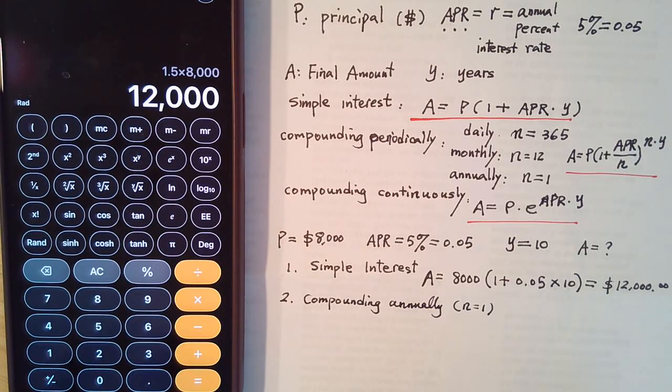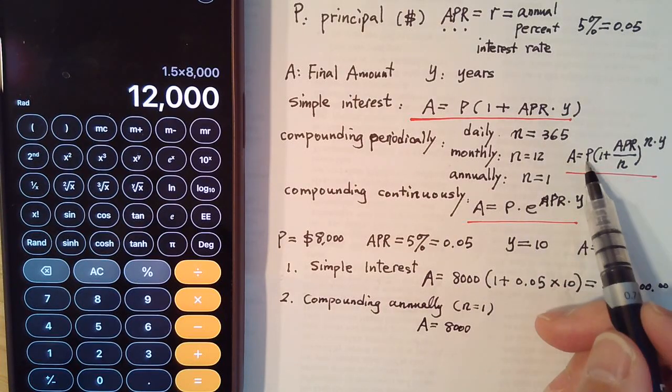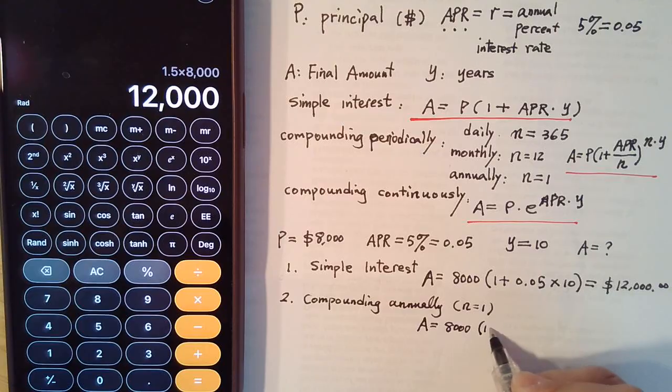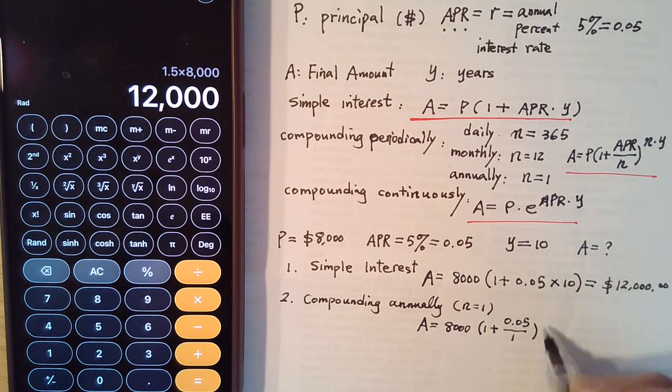Okay, so then I'm going to use this formula. So my A equals 8,000, that's the P, multiplied by (1 plus APR on top, 0.05, over N, which is 1), and the power is 1 times 10.